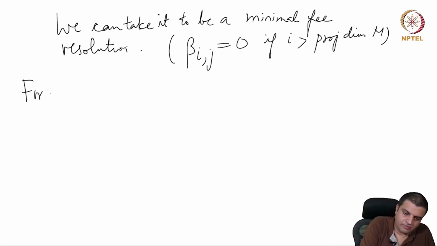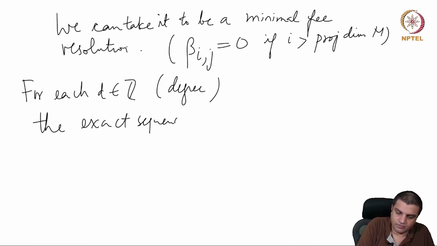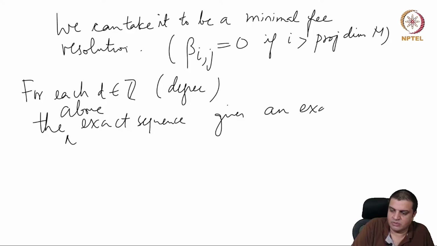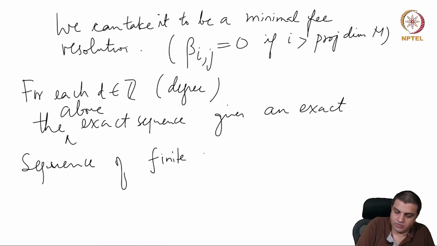So for each d in Z, the above exact sequence gives an exact sequence of finite dimensional vector spaces over K.